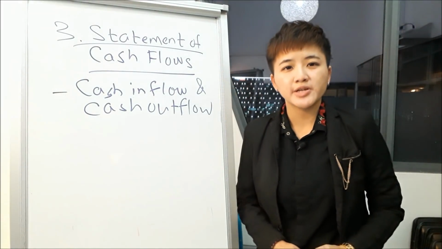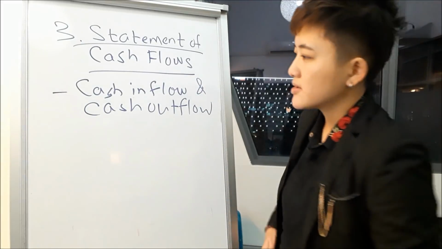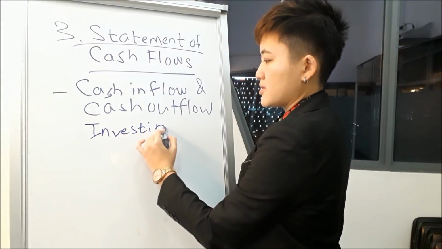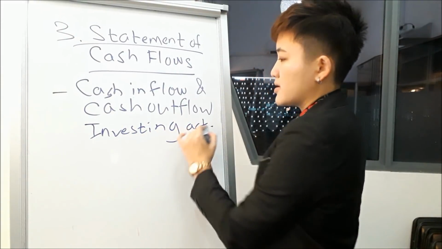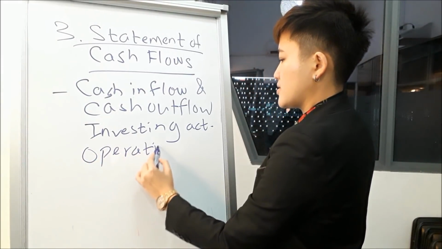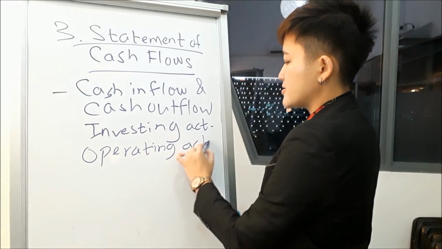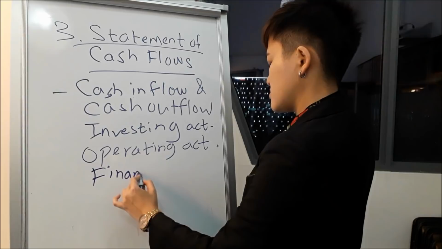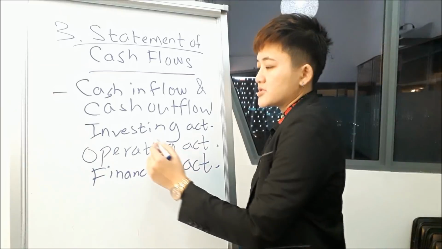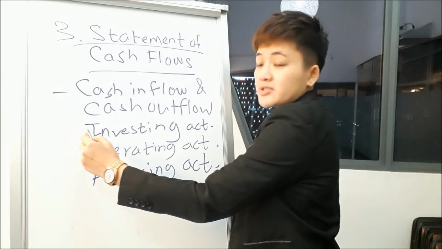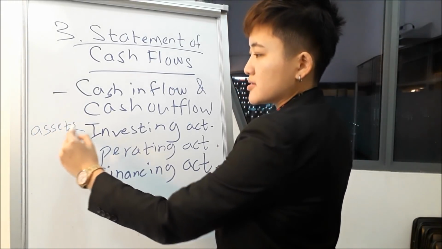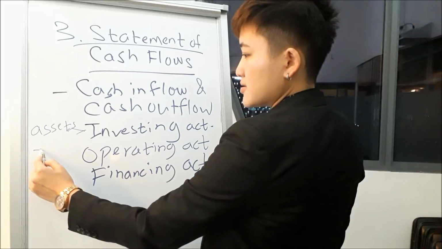Okay, so if you look at a statement of cash flow, you will see three things: cash flow from investing activities, cash flow from operating activities, and cash flow from financing activities. Cash flow from investing activities is cash flow generated from, let's say, the company purchasing assets or investing in equipment.